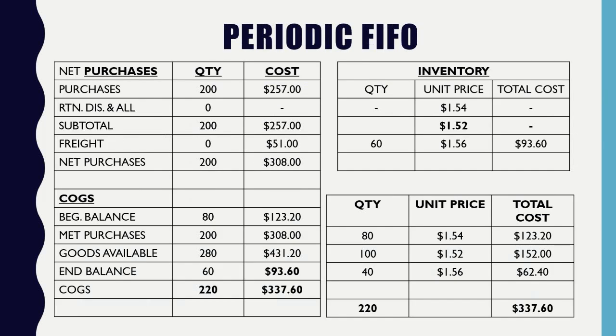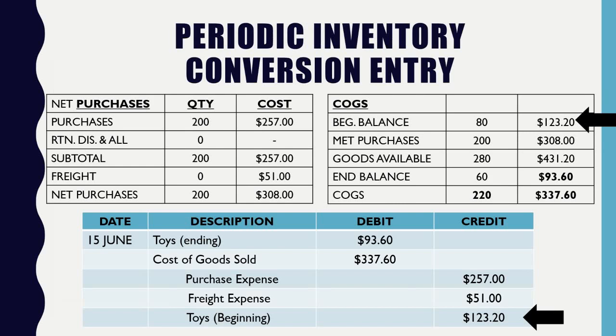Once you figure those numbers out and we reach the end of the accounting period, we must again fill out our conversion entry. The only difference here is that we have beginning inventory, and we need to reflect that.